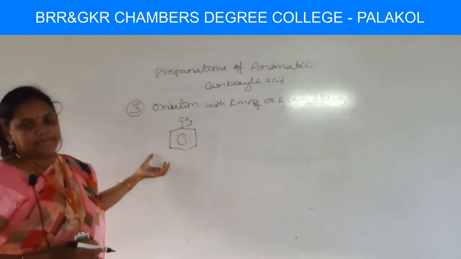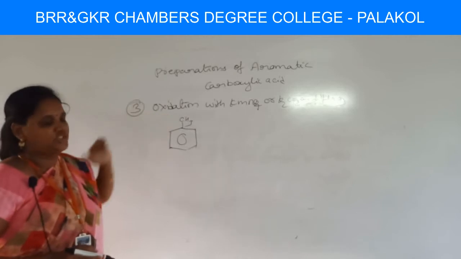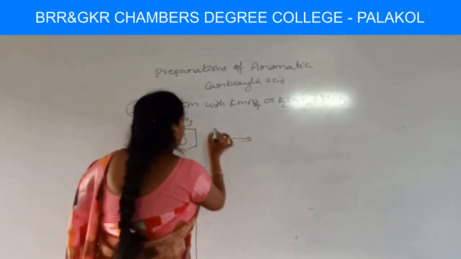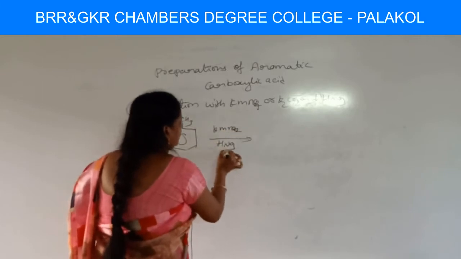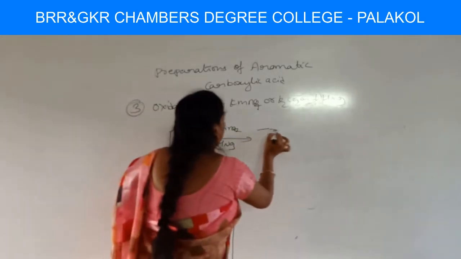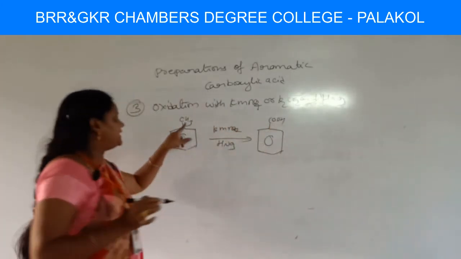Alkyl benzenes, benzene with an alkyl side chain, when treated with KMnO4 in the presence of nitric acid or K2Cr2O7, you will get COOH.